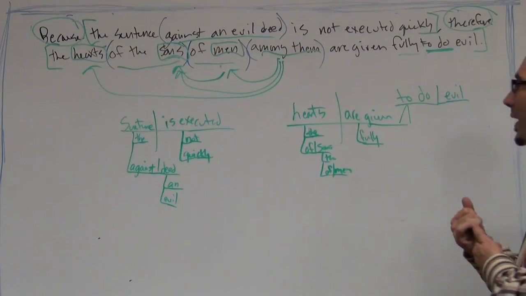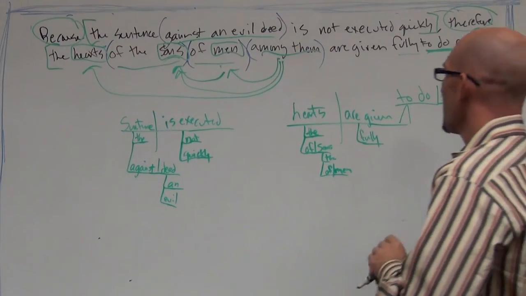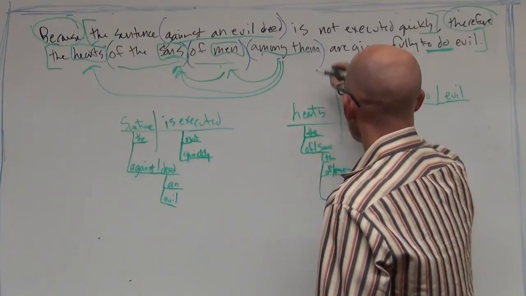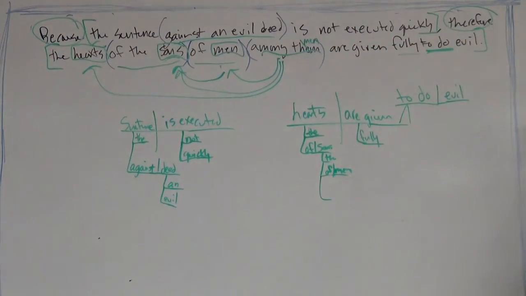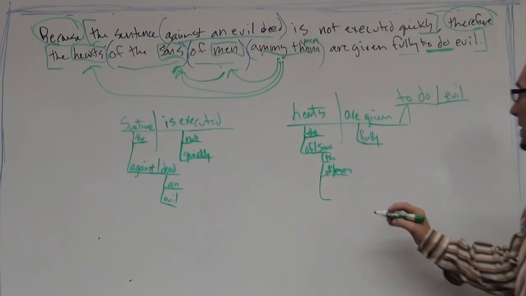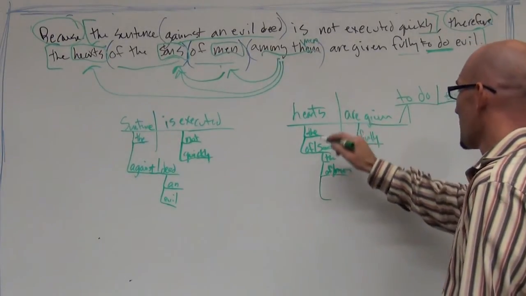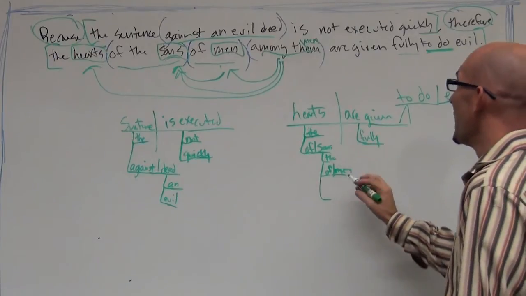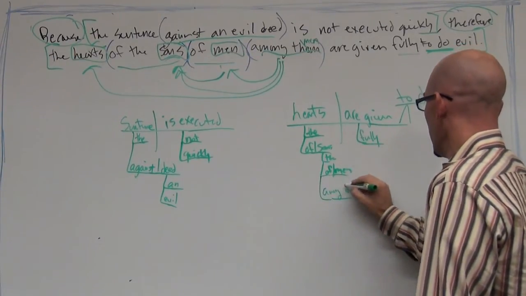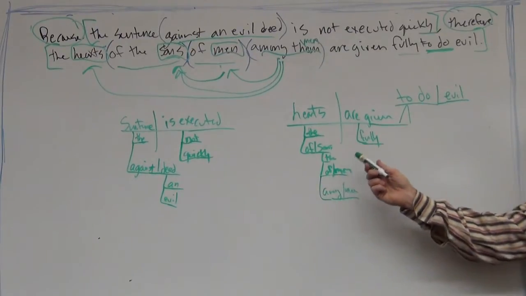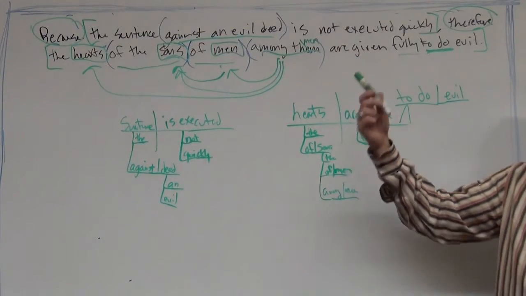Okay? So what kind of son is described here? And "among," let's just put "men" there for clarity's sake, if that's what we're going to do. The hearts of the sons, what kind of sons? Of men, which are among men. What kind of sons? Of men's sons. They belong to men.